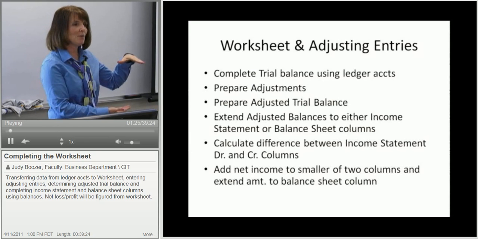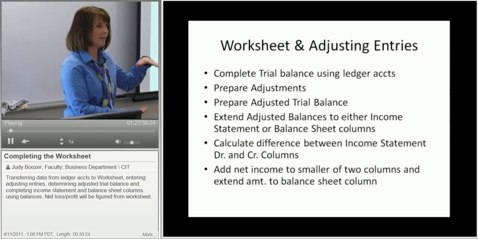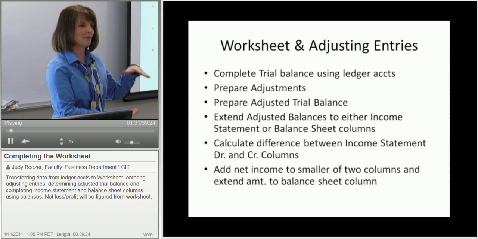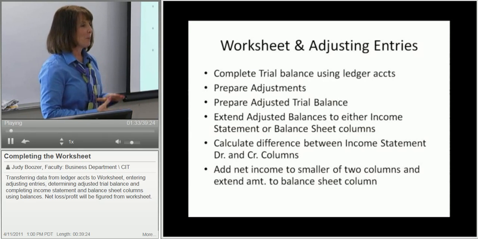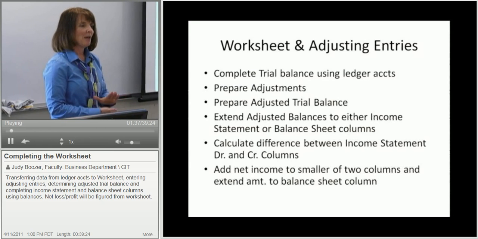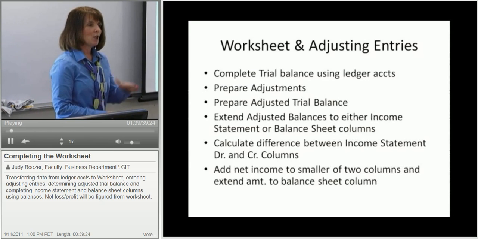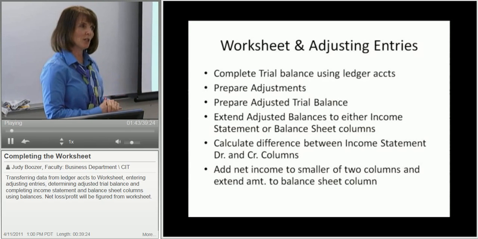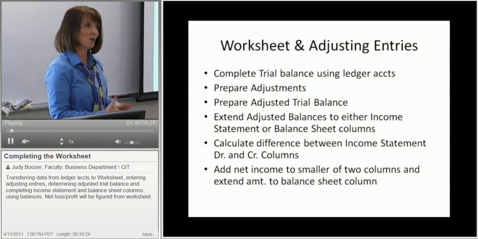Now I'm going to give you a little bit of information regarding that, because different textbooks do this one differently. For the purposes of this book and your assignments and my accounting lab, you'll need to list only those accounts with balances on your worksheet. Is that clear? Only those accounts with balances.